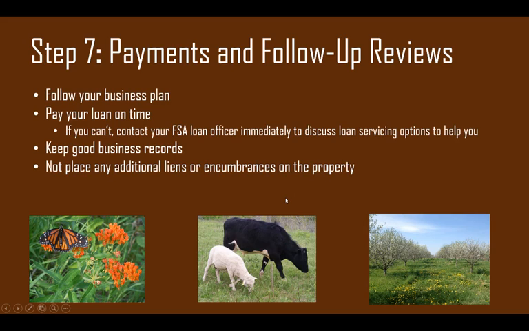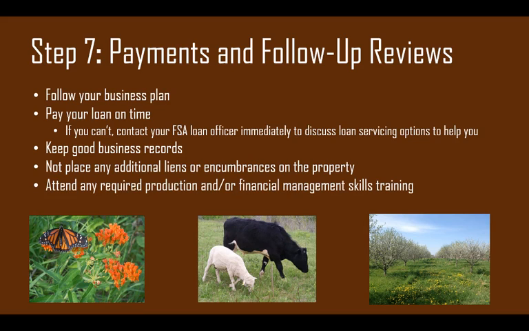So this is a property that you are in an agreement with FSA on, so nothing additional can be placed on the property. And then you'll need to attend any of the required production and or financial management skills training required of you according to your loan agreements. So you can talk to your FSA loan officer about that and find out what exactly they want of you for that.